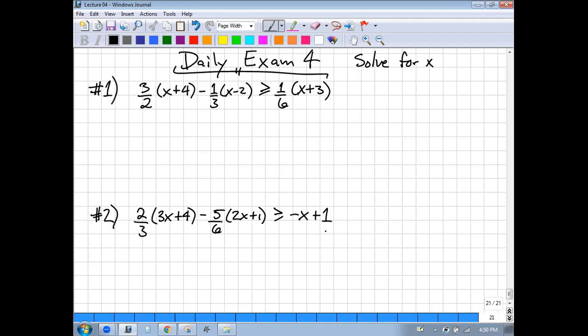Be careful here. If you try to get rid of your fractions, I recommend multiplying everything by 6. So you'd multiply this by 6, and each of those by 6. Each term.